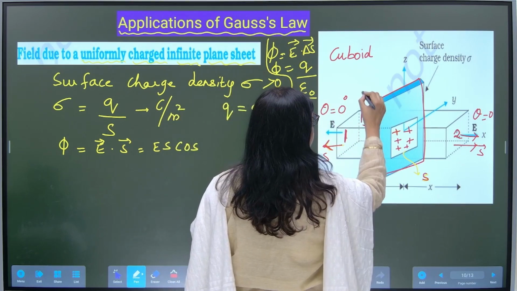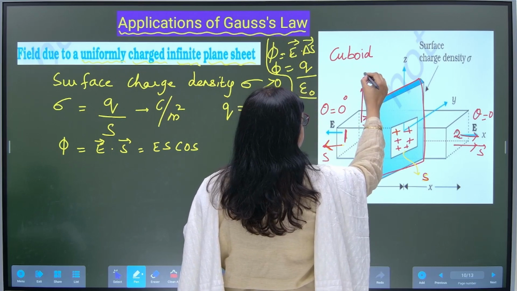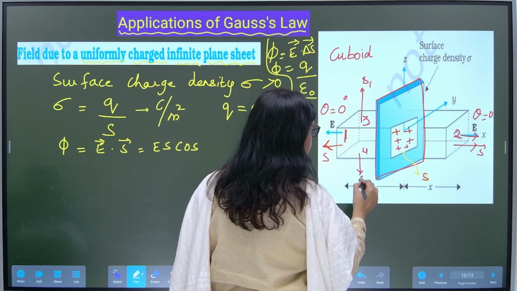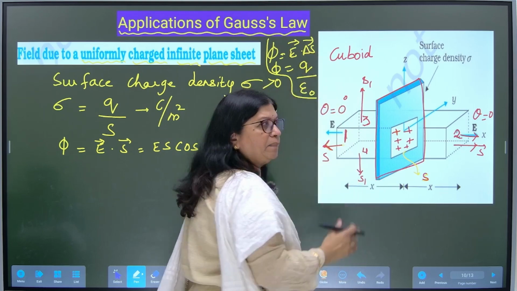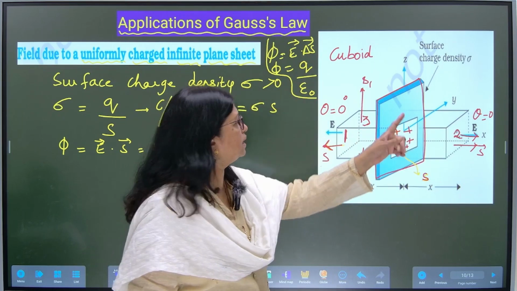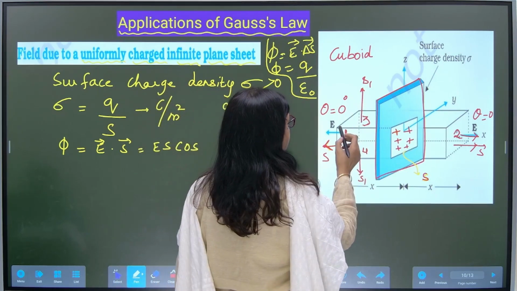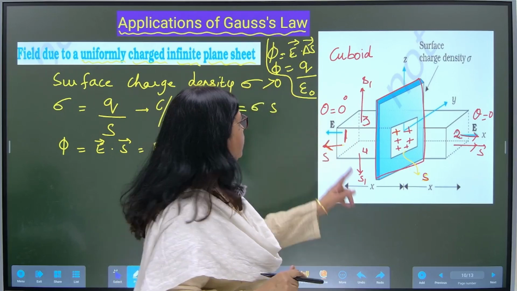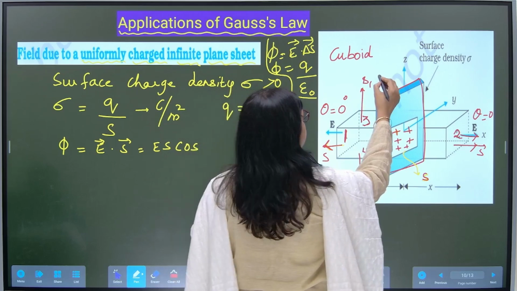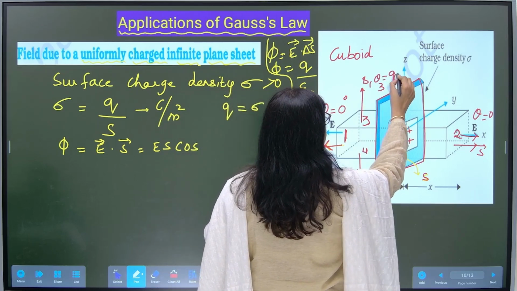This is the surface S1, I can say, because it is a cuboid. S is not equal to S1. This is also S1. The area element direction goes upwards, but the electric field remains in this direction. So for surface number 3, the angle between the electric field and the area element S1 is theta 3 equal to 90.